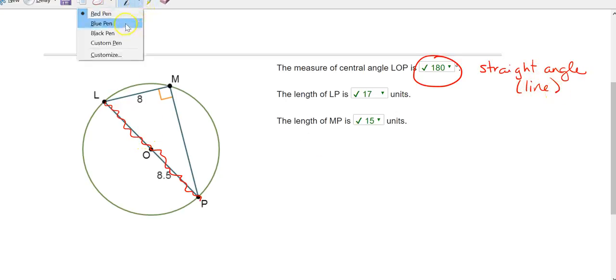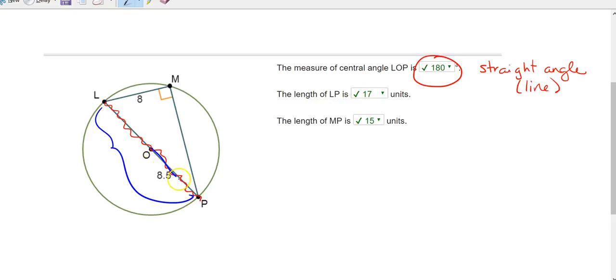The next question is asking you, what is the length of LP? Well, if this radius is 8.5, what's the measure of this radius up here? First of all, what's LO?